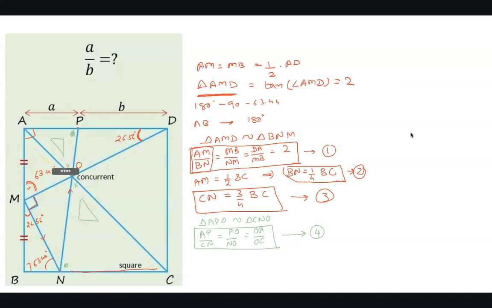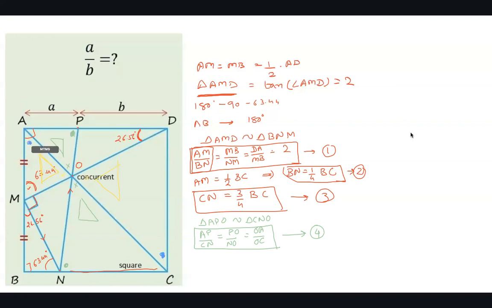Let us now focus on triangle AOM and triangle DOC. So here also angle O is the same for both because they are vertically opposite, and because AM is parallel to CD, we can say that angle C here would be the same as angle O here.